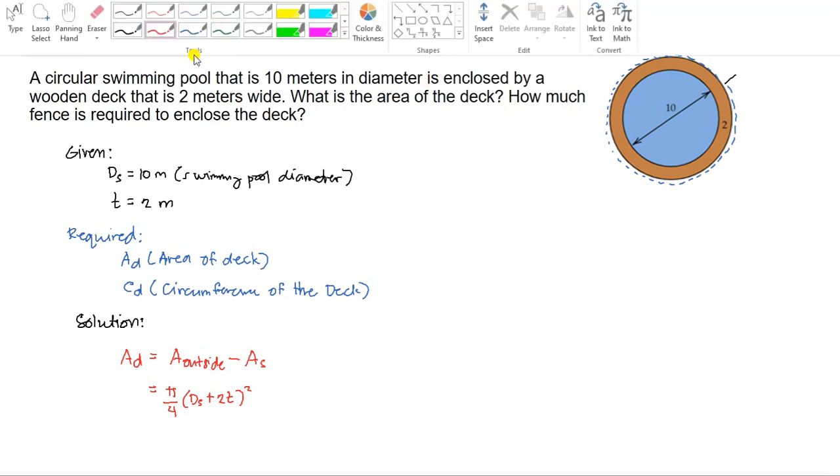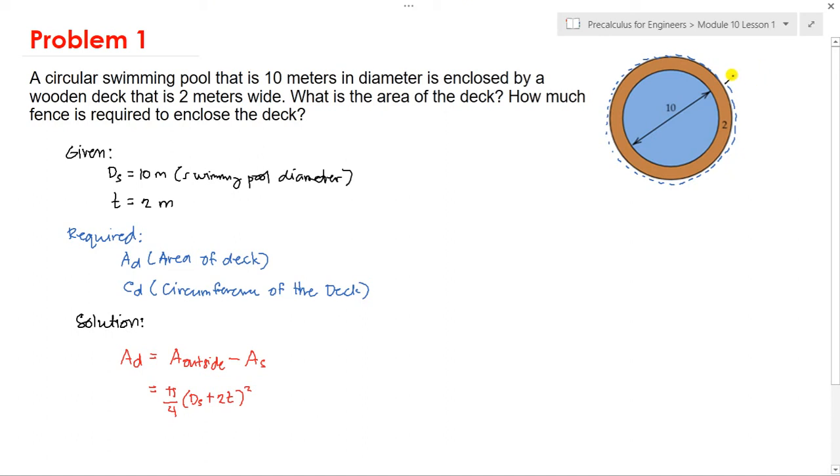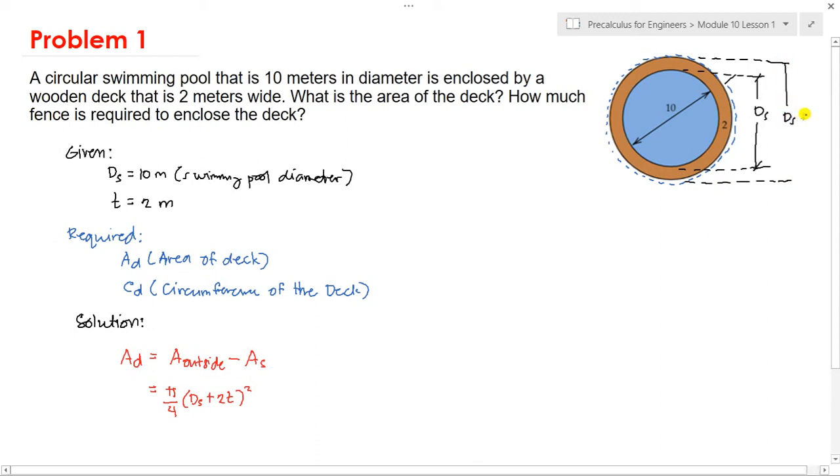So ato i-visualize basig mo naglibog. If this is the diameter of the swimming pool, so this is ds until here. Ingon man ta, ang outside diameter mao ni siya. So meaning ds plus 2t.